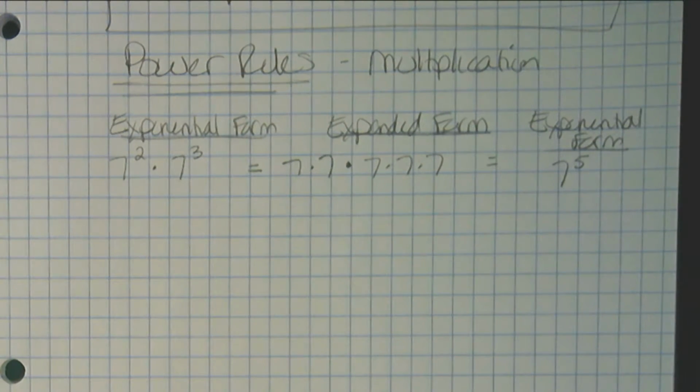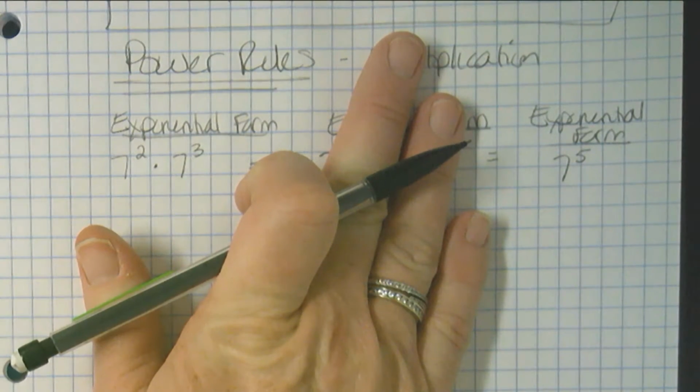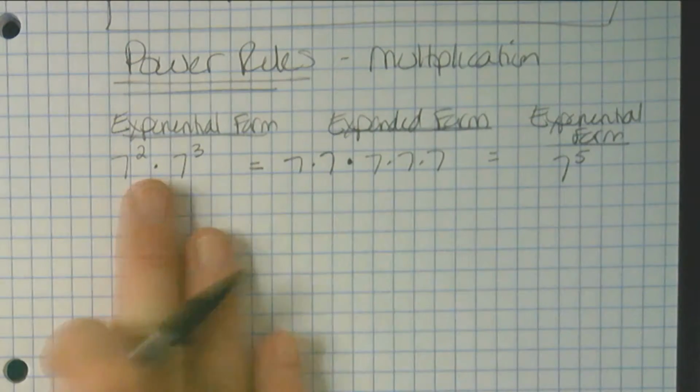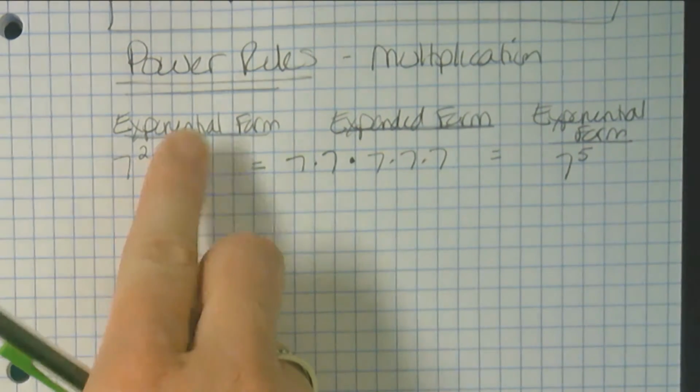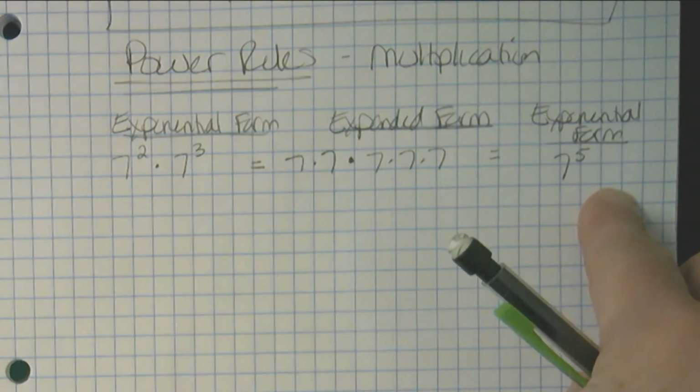So let's see if we can avoid having to do all of this expanded form and see if we can come up with how we got from the original multiplication to our final exponential form.